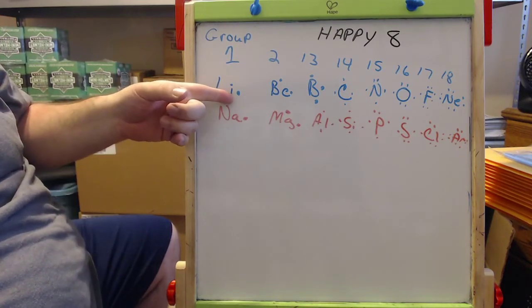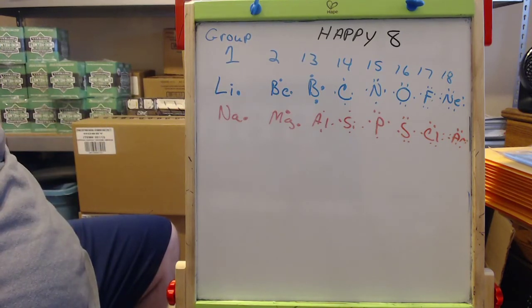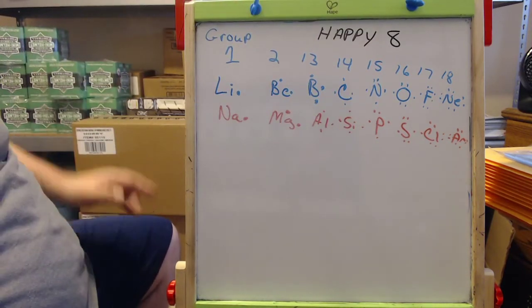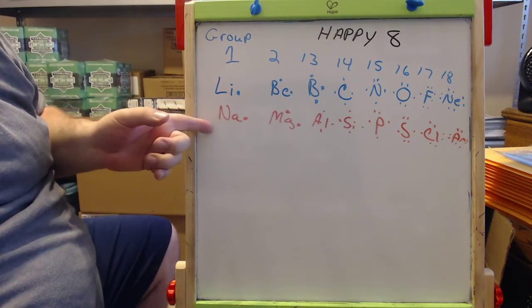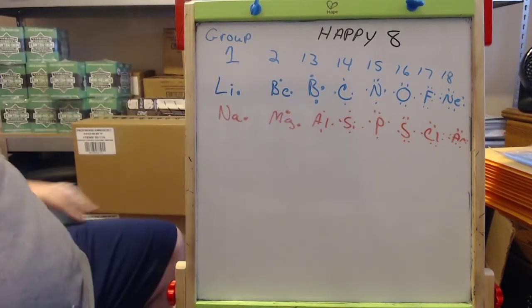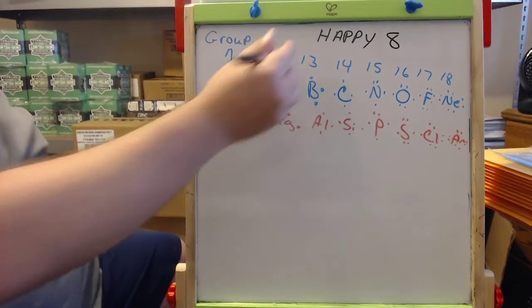But what we want to understand here is that I want to lose an electron, or do I want to gain 7? And that underneath my valence shell is a stable, happy shell. So I'm lithium, I'm sodium. I have a choice to get that happy magic 8.